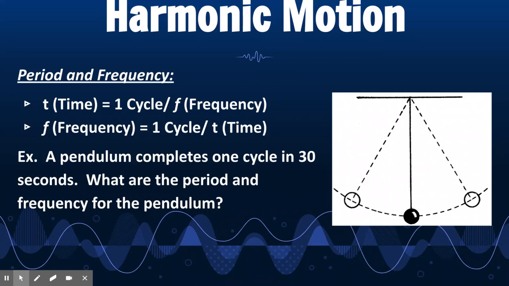Frequency equals 1 divided by time. 1 divided by 30 seconds is 1 over 30. That is our frequency, about 0.03 hertz, which is a pretty low rate. And then our period, it says it right there in the question. 30 seconds is how long it takes for one complete cycle.